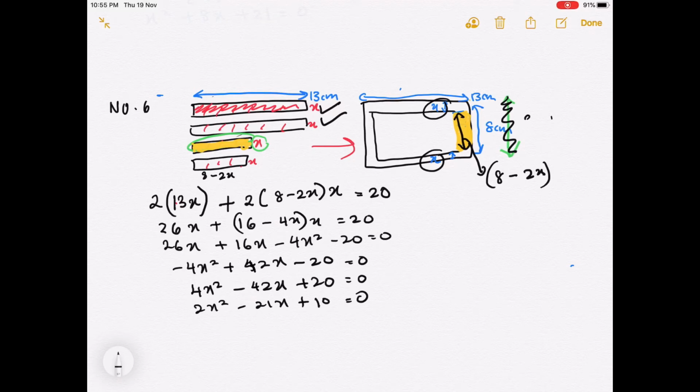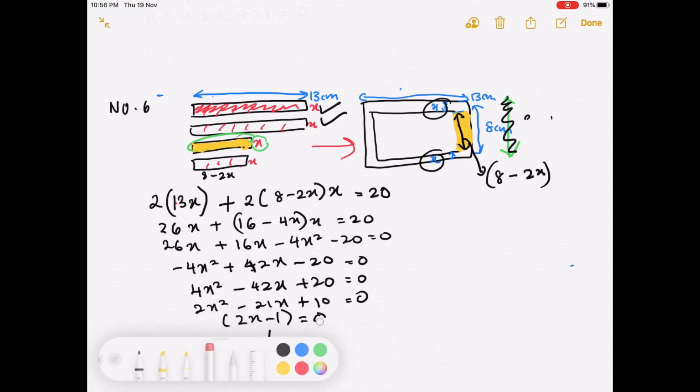Okay, so sekarang ni yang selesaikan untuk persamaan ni boleh pakai EQN. So akan dapat x sama dengan 1/2 kan. So faktorkan 2x tolak 1 sama dengan 0. Sorry.